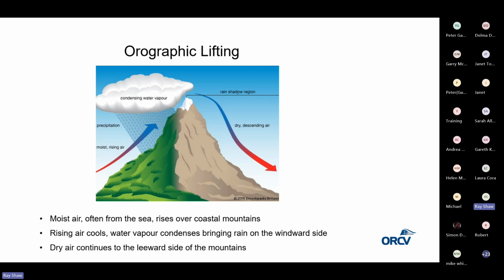As it does that, it cools, and any water vapor that happens to be in that air will condense and become water droplets, and it will produce rain on that windward side of the hills. The wind will continue over the mountain, and on the other side, it's lost all its moisture and it's quite dry.